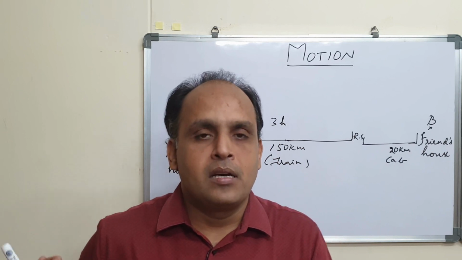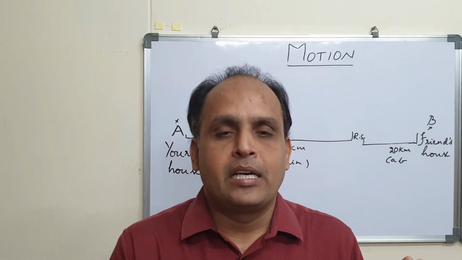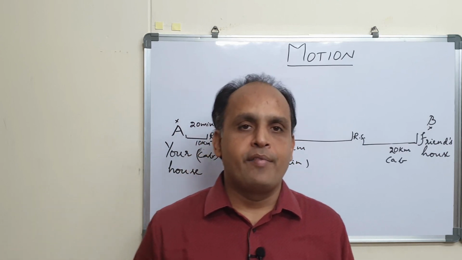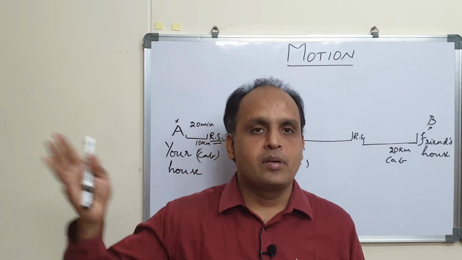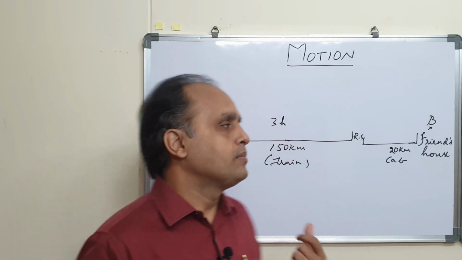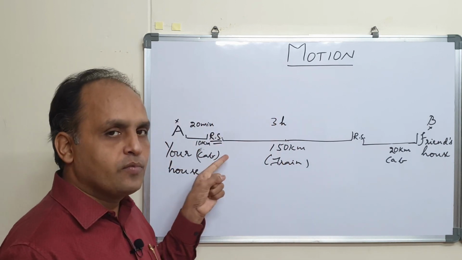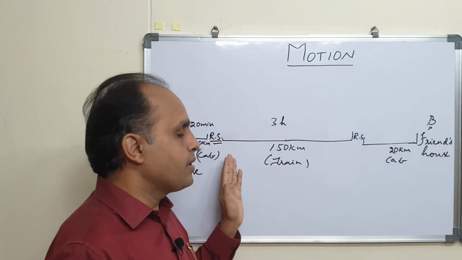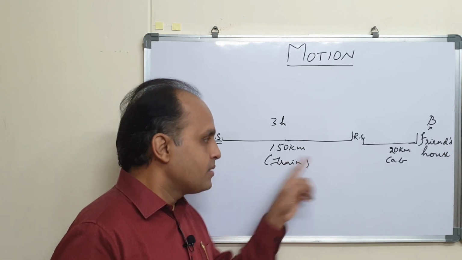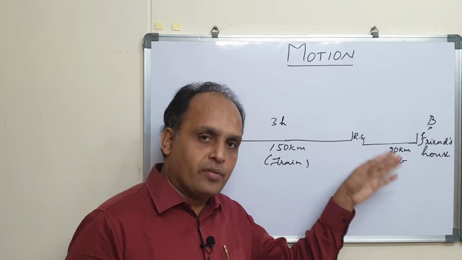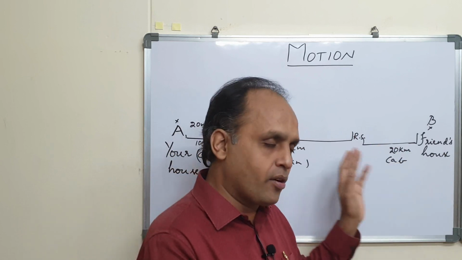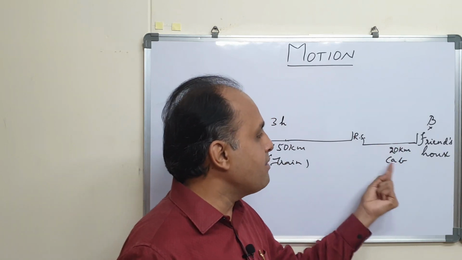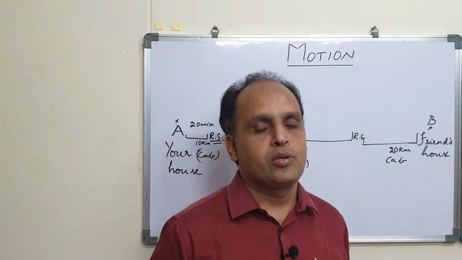But the journey that you did was not the same way as we discussed in the previous example, going in your own vehicle. You boarded a cab, went to the railway station. In the railway station, you boarded the train and went to the railway station in the city where your friend lives. And then from that railway station to your friend's house, again you used a cab.